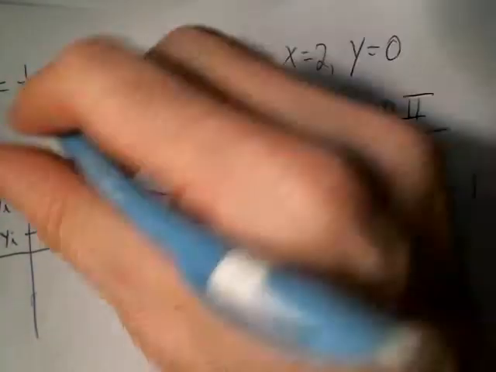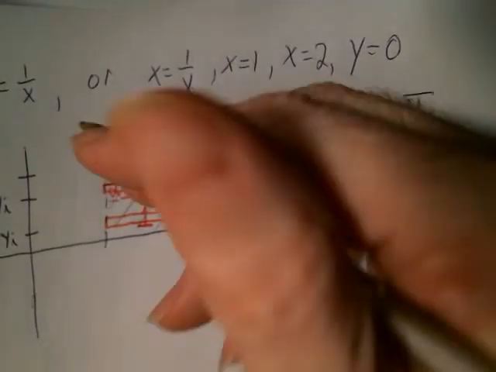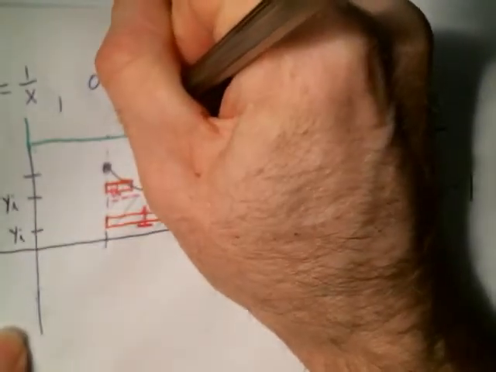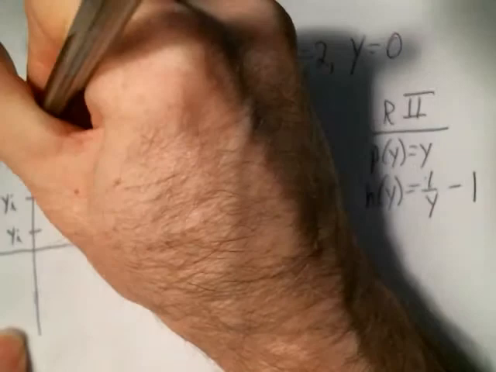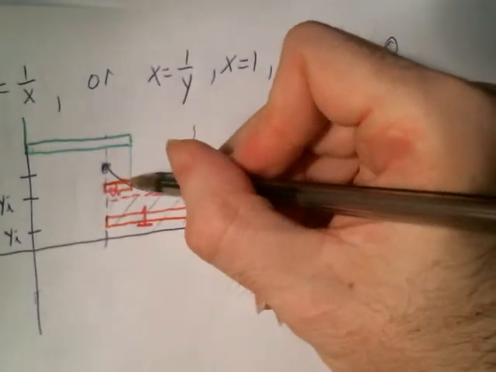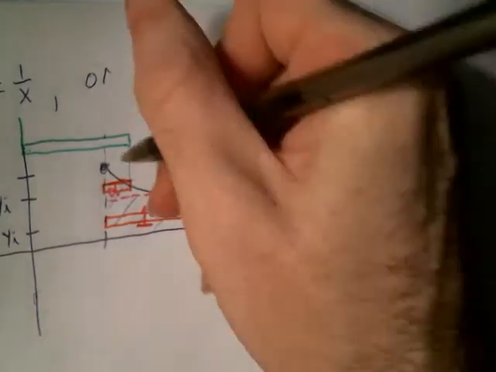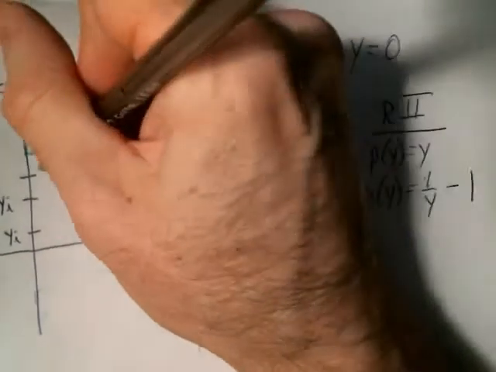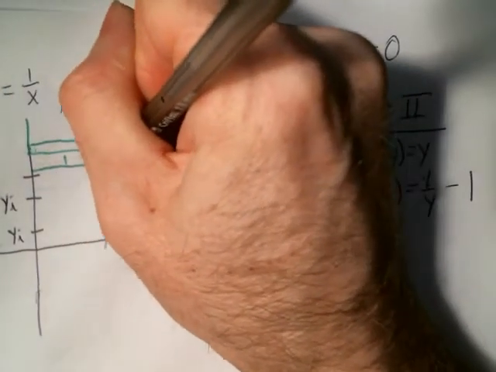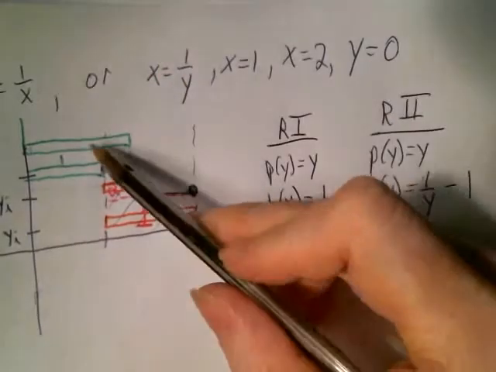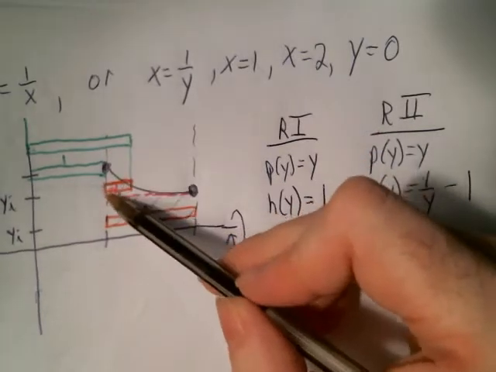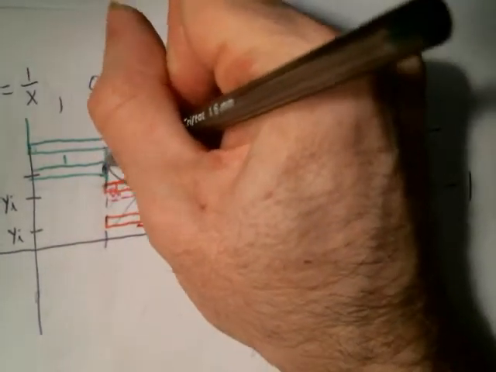Again, you think of it in terms of distances. It's this distance here, and then you're subtracting away the donut hole, this distance to here. So this distance minus this distance gives you this red distance here.